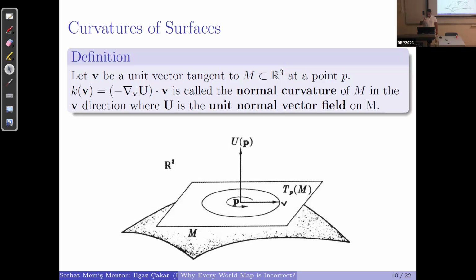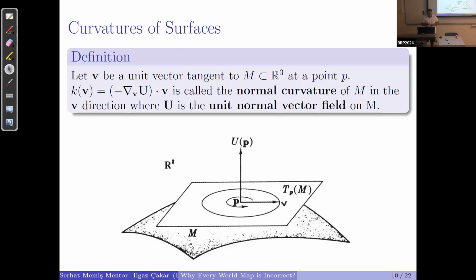So here is an important thing. The normal curvatures depend on the vector. So there are infinitely many choices of V. So there are infinitely many normal curvatures. These all don't give us valuable information.